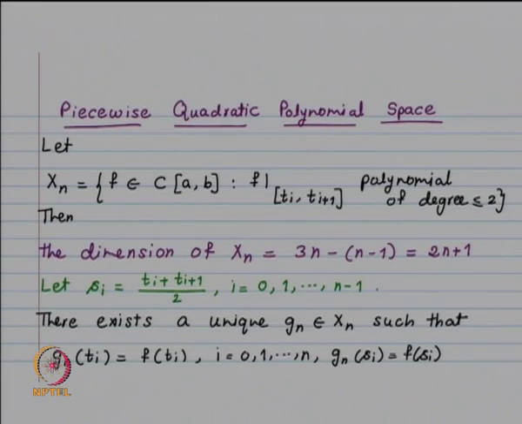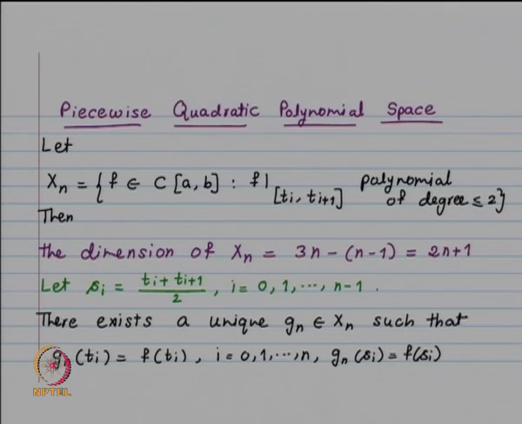Now, we consider piecewise quadratic. We look at uniform partition. X n is the vector space of functions which are continuous and which are such that on each subinterval it is a polynomial of degree less than or equal to 2.